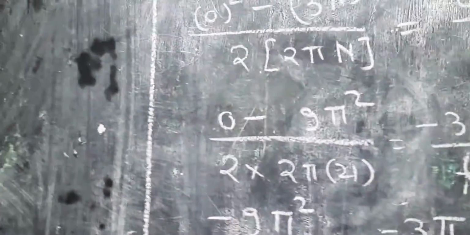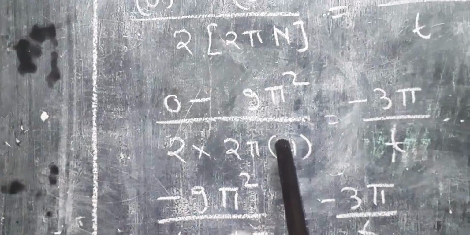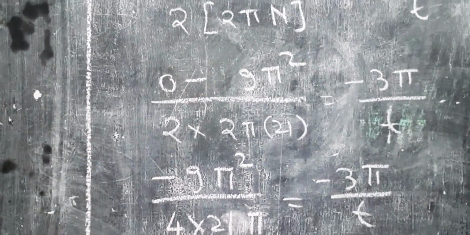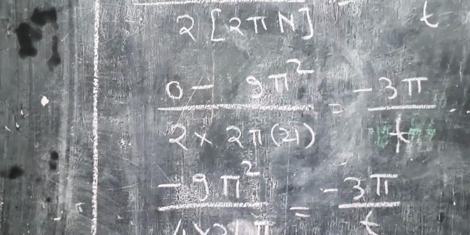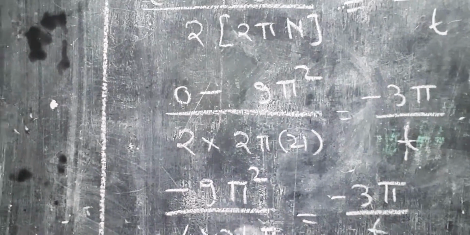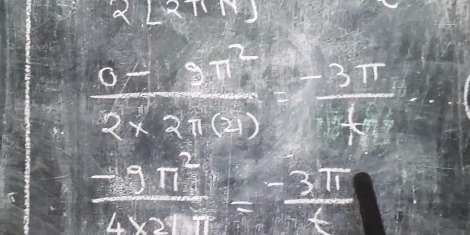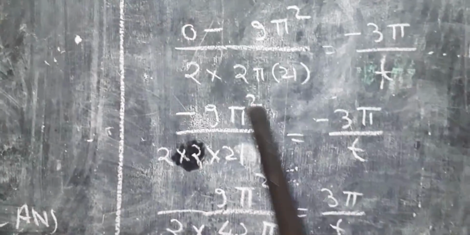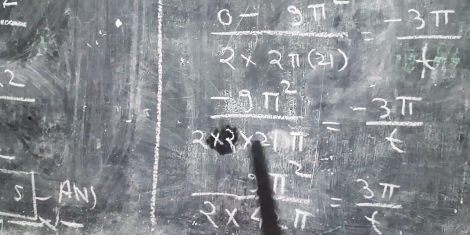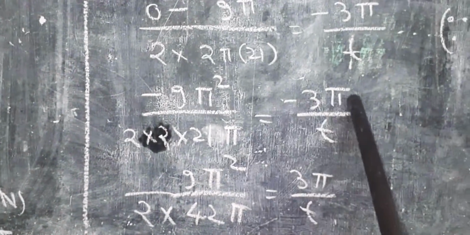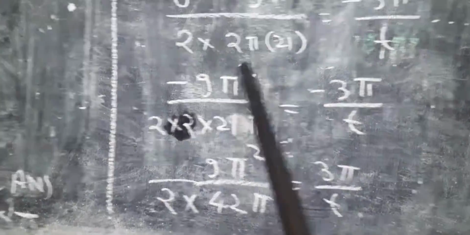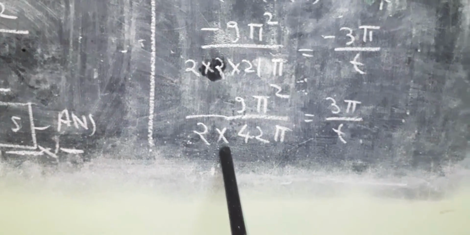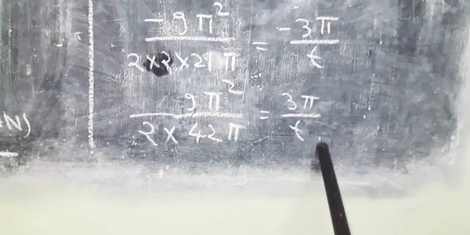So we get minus 9 pi square divided by 2 into 4 into 21 pi is equal to minus 3 pi upon t. So this minus sign and this minus sign get cancelled. So what is remaining? 9 pi square upon 2 into 42 pi is equal to 3 pi upon t.